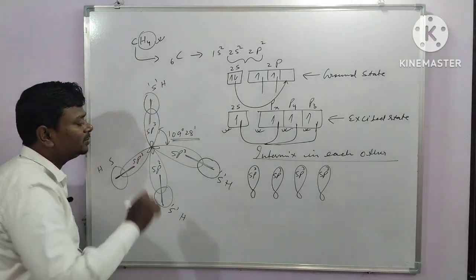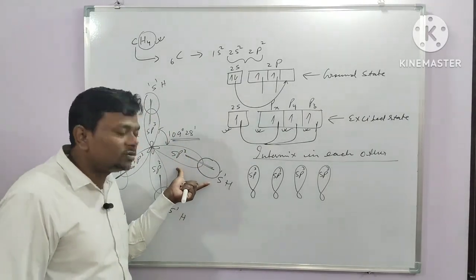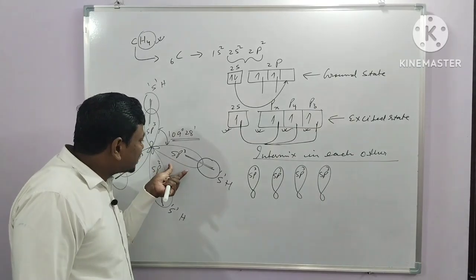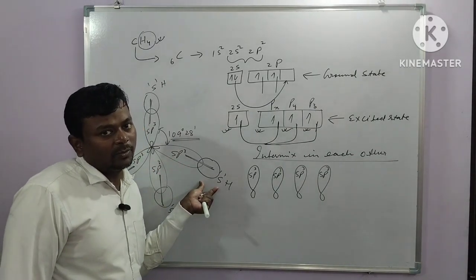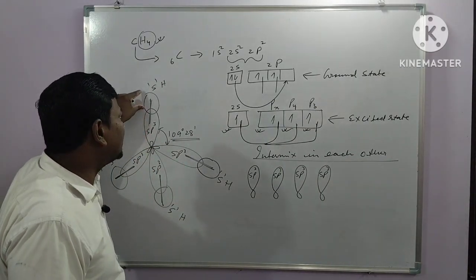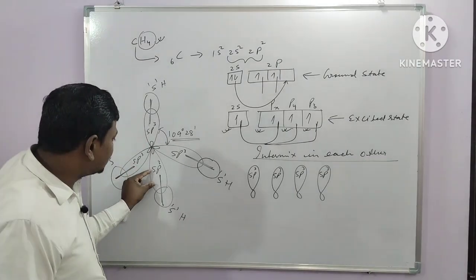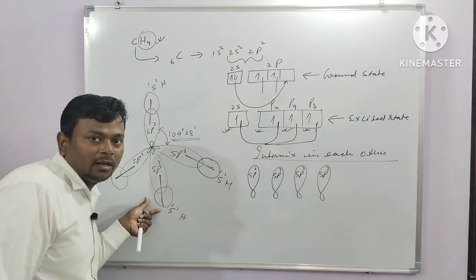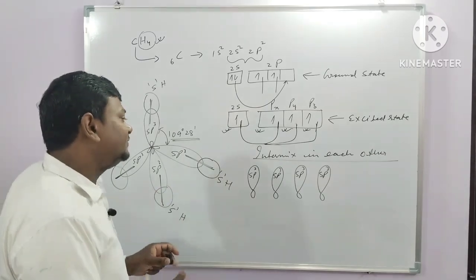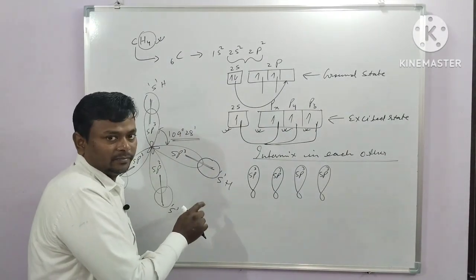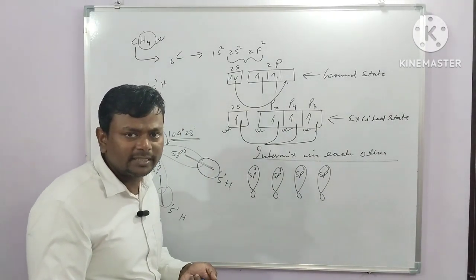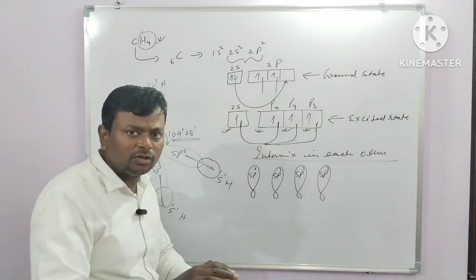The same, because each bond is formed between an sp3 hybrid orbital and an s orbital. If the orbitals are the same, the bond lengths and bond properties are also going to be the same.